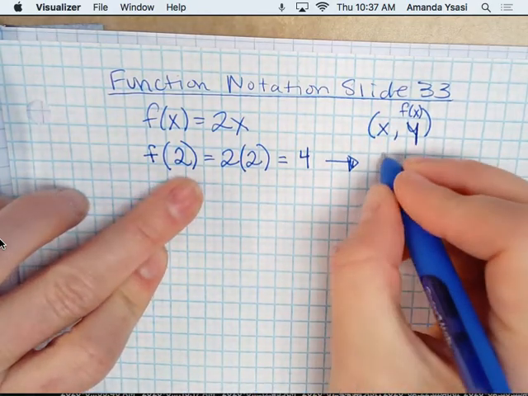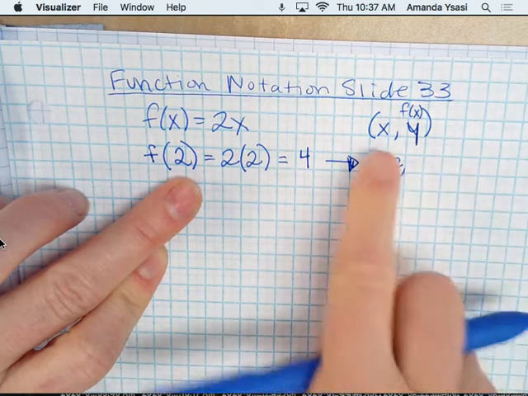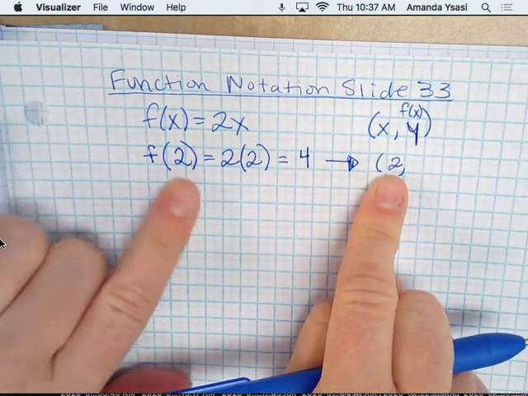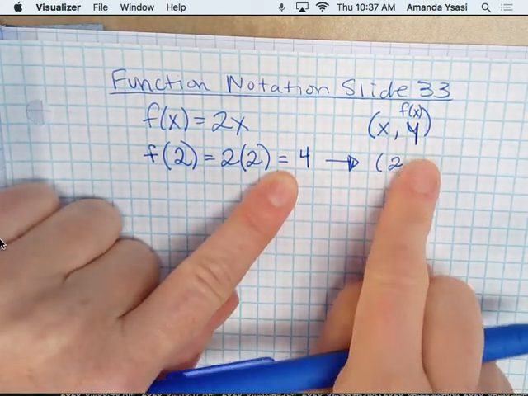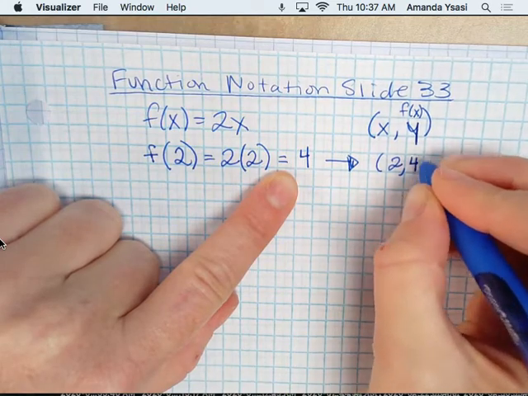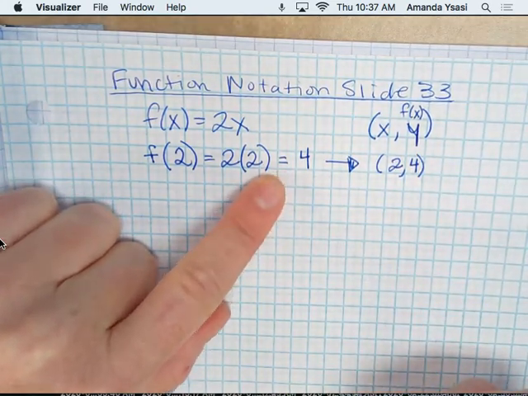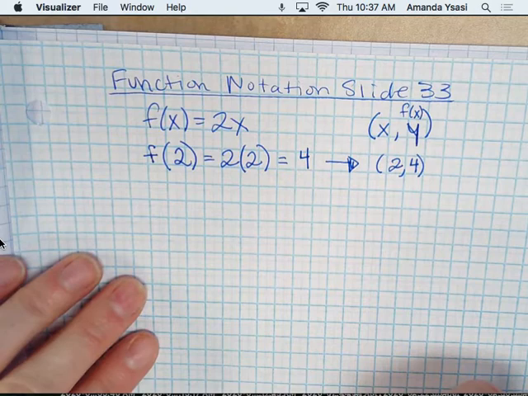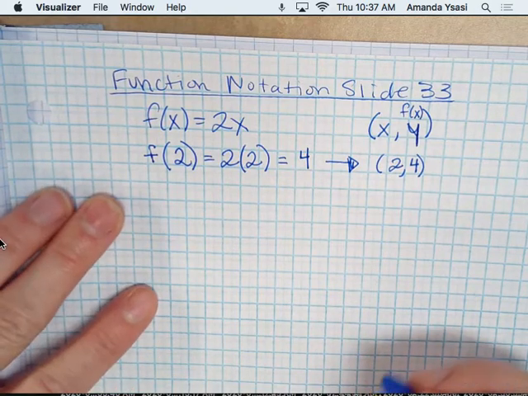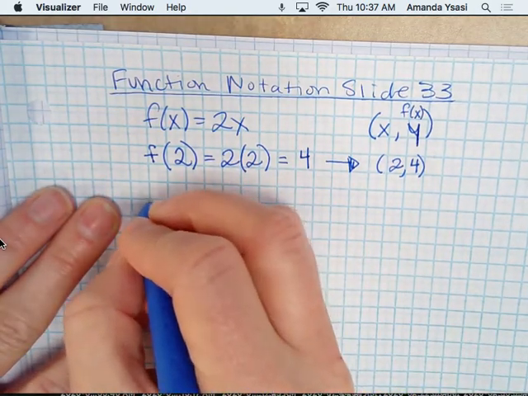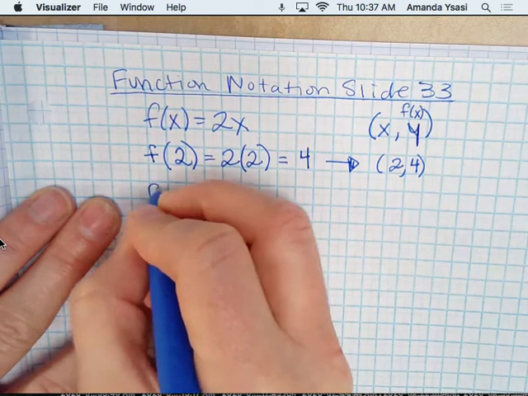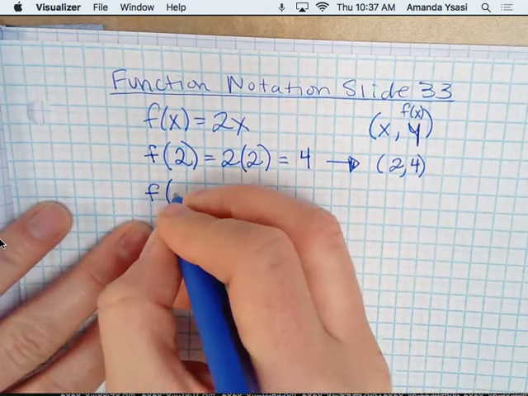So if I inputted 2 for x, then my x is 2, but my y or my f of x is 4. So let's see about negative 2.